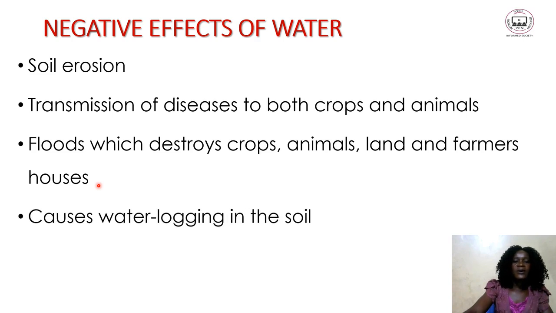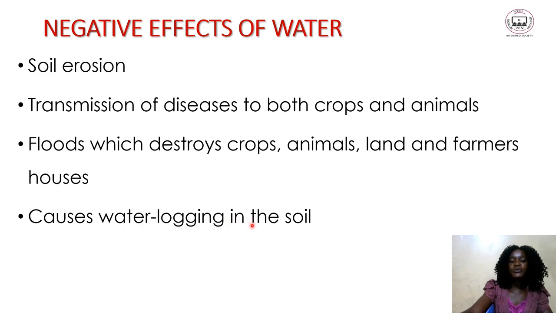And also, too much water may cause water logging in the soil. Too much water means there will be a high concentration of water in the soil. So the terminology we use there is water logging. If there is too much water in the soil, that will prohibit the entry of air in the soil.